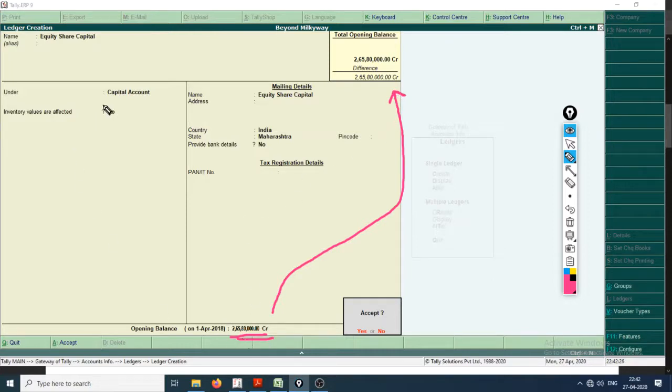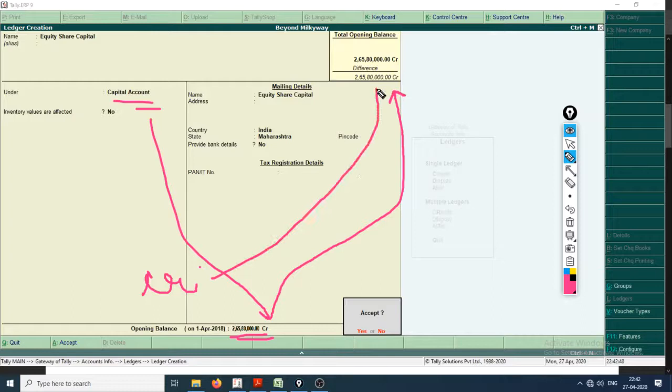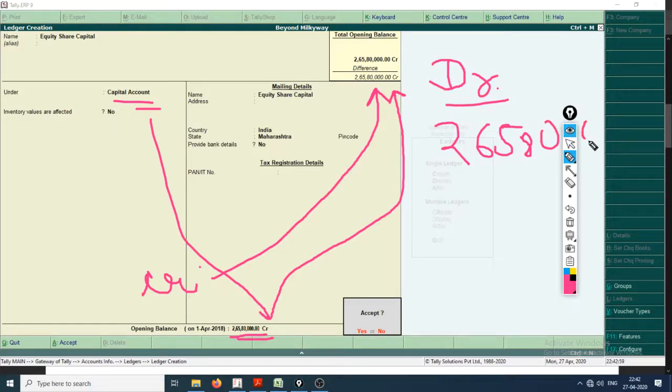As this is a capital account and this will always be a credit account, hence it is credit automatically. But as soon as you enter this account, it will accept it, but it will show you that there is a difference in opening balance, which is 2,65,80,000 credit. So for this effect, you have to correspondingly enter the effect of debit of 2,65,80,000.